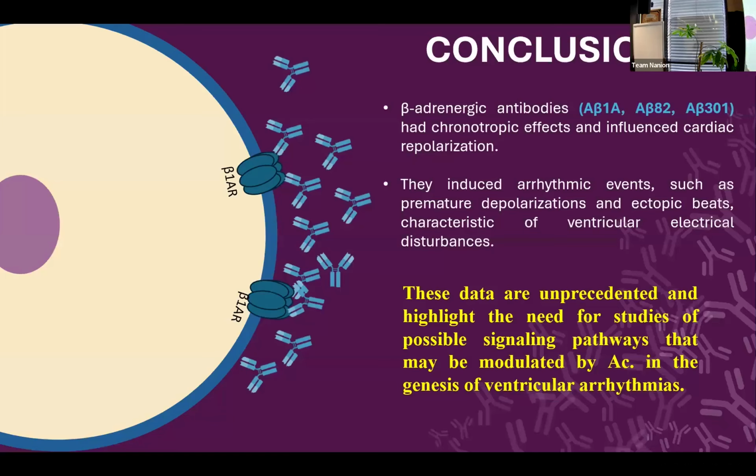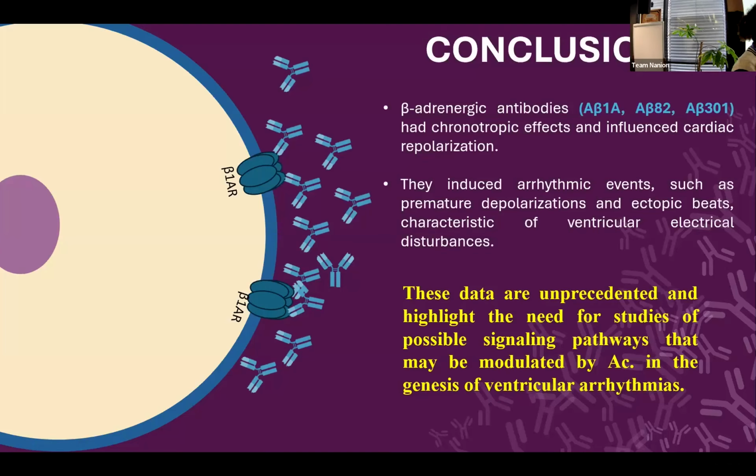Concluding, the beta-adrenergic antibodies from patients 82 and 301 had a chronotropic effect and influenced cardiac repolarization. They induce arrhythmia events, premature depolarization, and ectopic beats, characteristic of ventricular electrical disturbance. This data is really new.